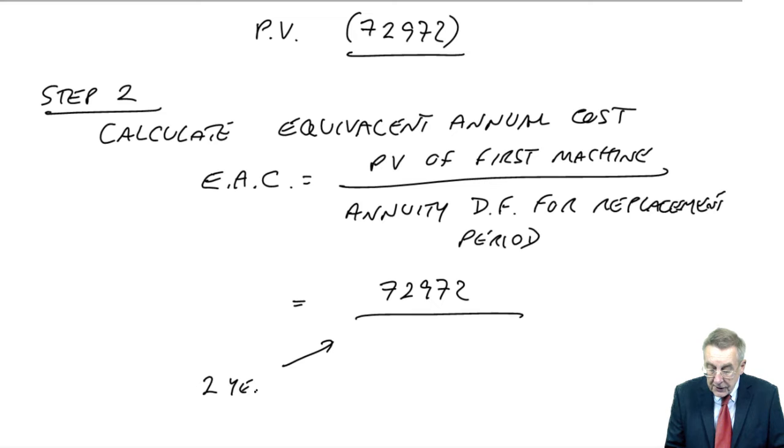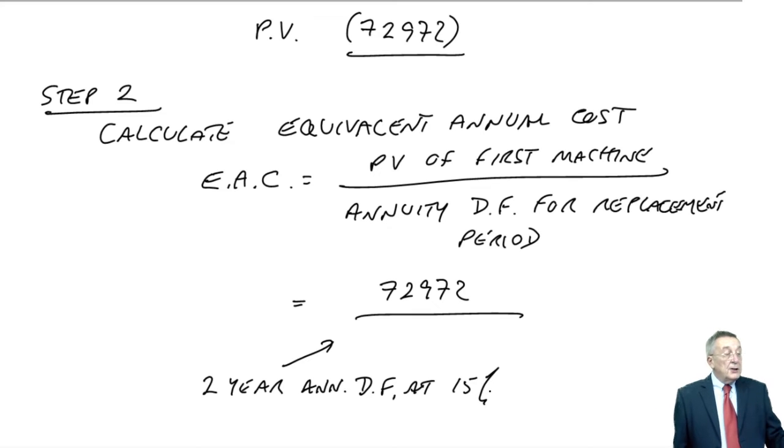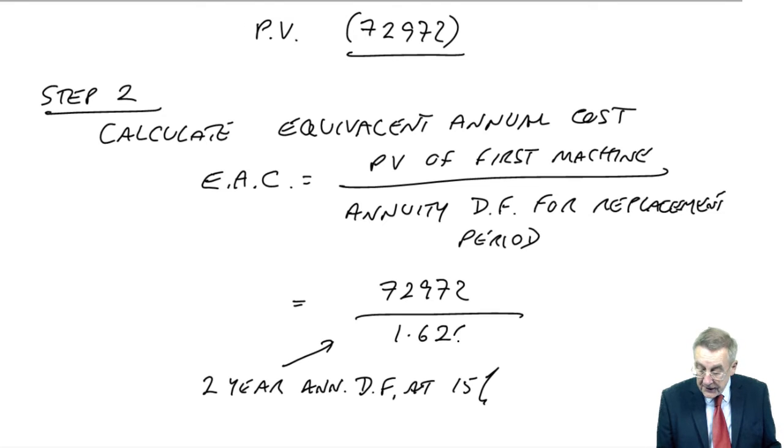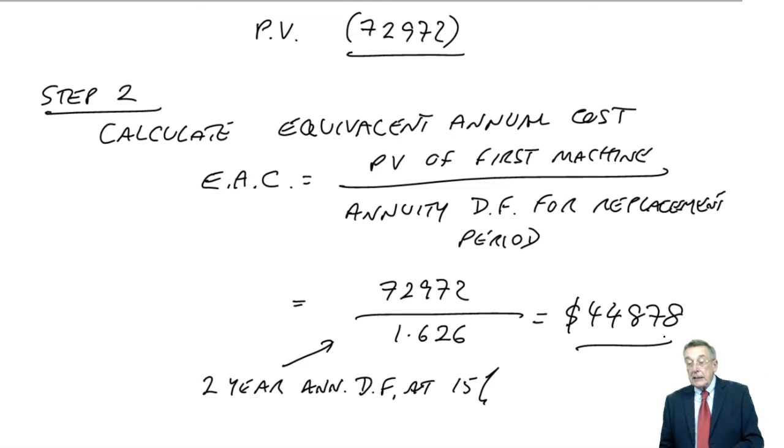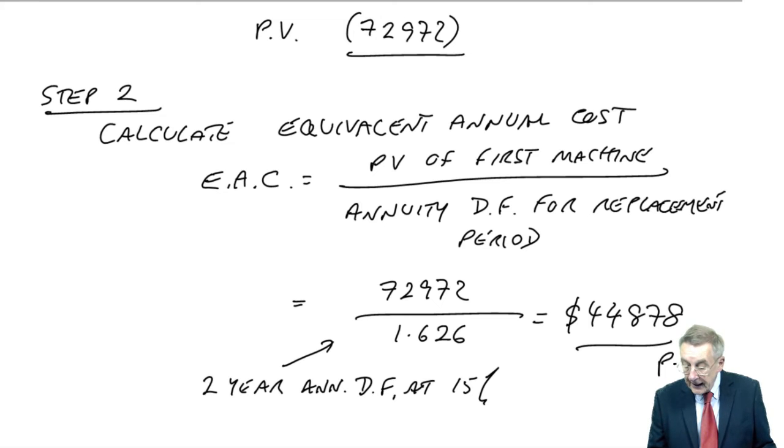We're replacing every 2 years, so it's the 2-year annuity discount factor at the cost of capital, which for this question was 15%. 2 years at 15, the factor, if you check me, is 1.626, which gives 44,878. As I'm about to explain, that's the equivalent annual cost. It'll be like paying out 44,878 per annum.